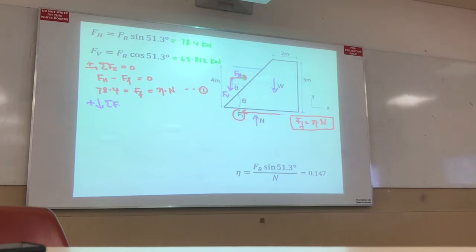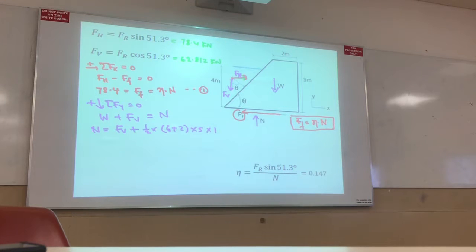This way is positive. Then I can write W plus FV is equivalent to N. Then I can write N becomes FV plus, what is the W? Tell me. Half times the distance, right? 6 plus 2, am I right? 6 plus 2 times 5 times 1.